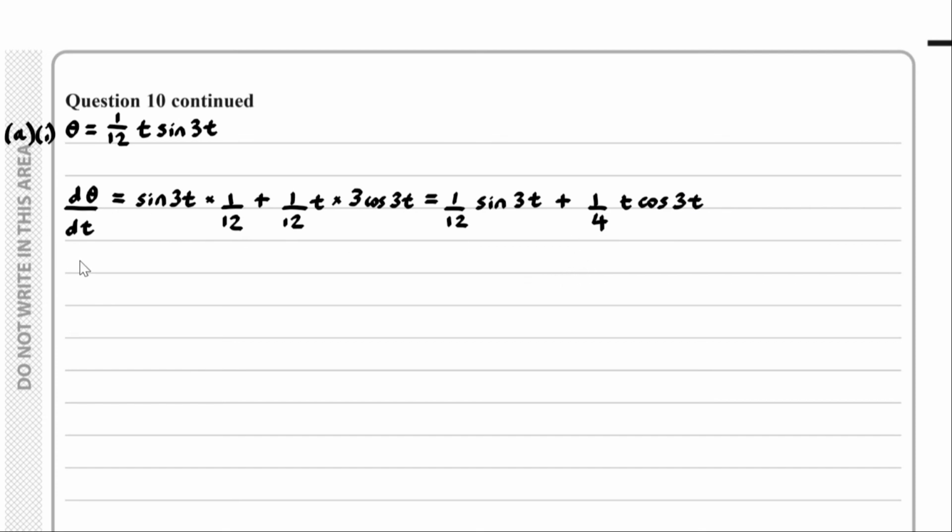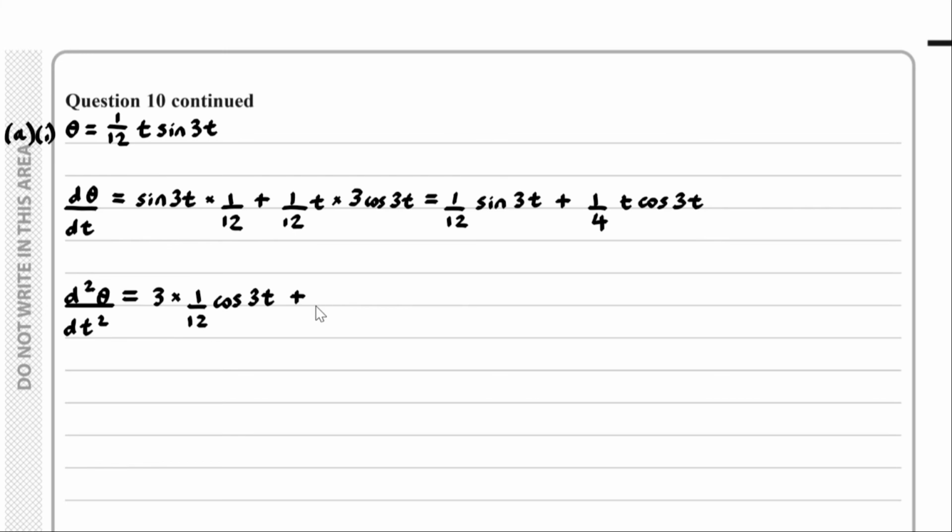And now if I differentiate again to find out what d squared theta over dt squared is, if I differentiate 1/12 sine 3t, that means I have 3 times 1/12 cos 3t, and if I differentiate 1/4 t times cos 3t, I have to use the product rule here.